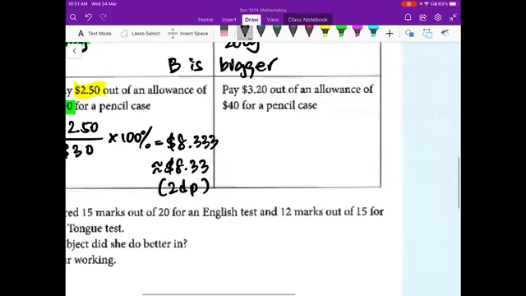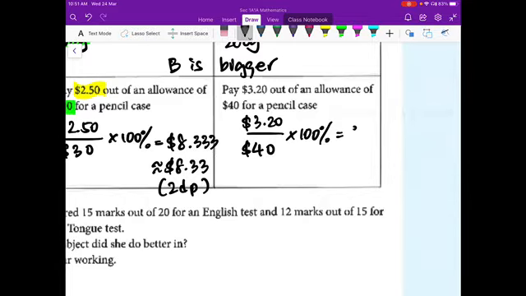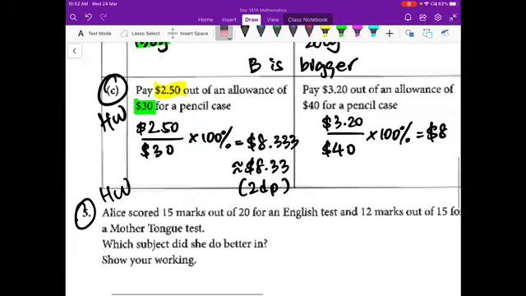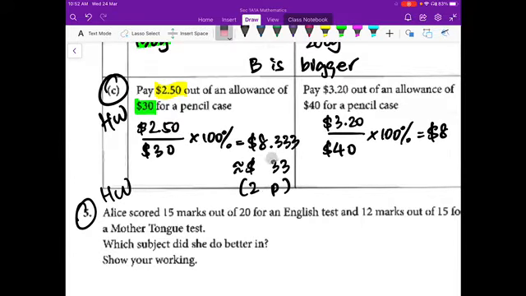So the next one, we have $3.20 over $40 times 100%. Eight. Sorry. No. I made a mistake. This is 8.33%. 8.333%. Then you round it off to 8.33%.